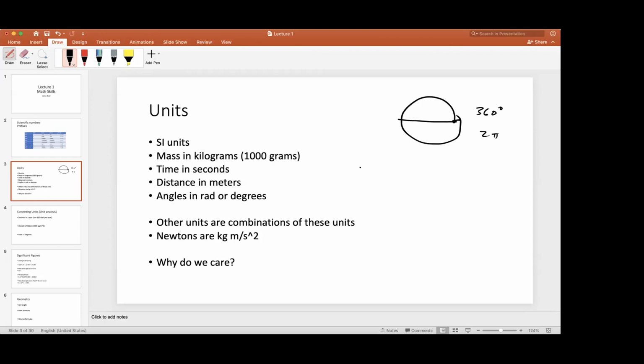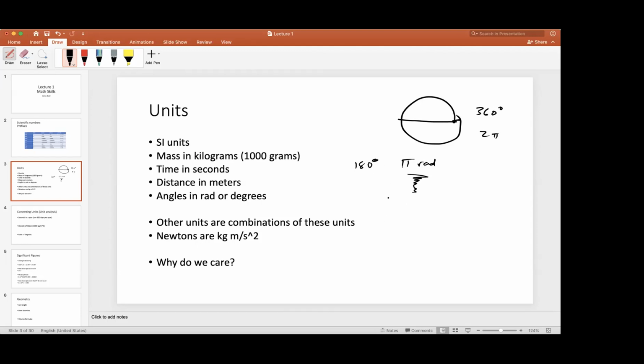So 180 degrees is the same thing as pi rads, but if you use pi rads and you do something like the trig functions, the inverse trig functions will give you your answer in radians. It's important that you understand that a rad is a real number, while a degree is something made up.